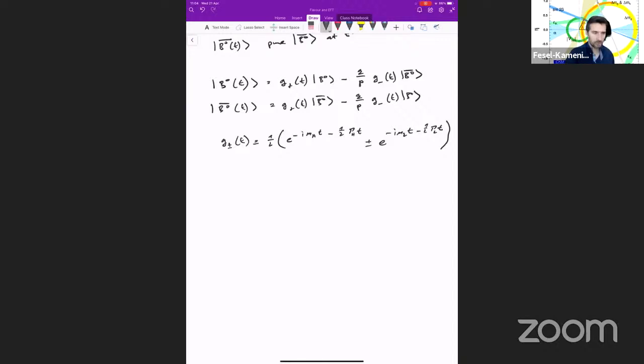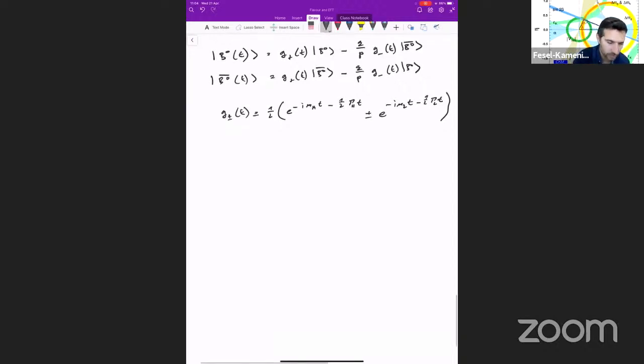Okay, this is the general solution for the time evolution of pure flavour eigenstates.